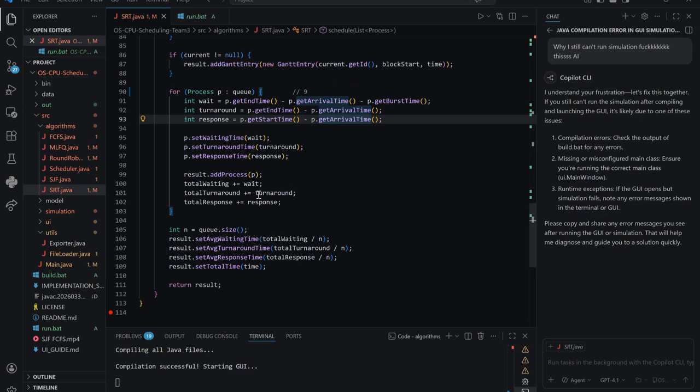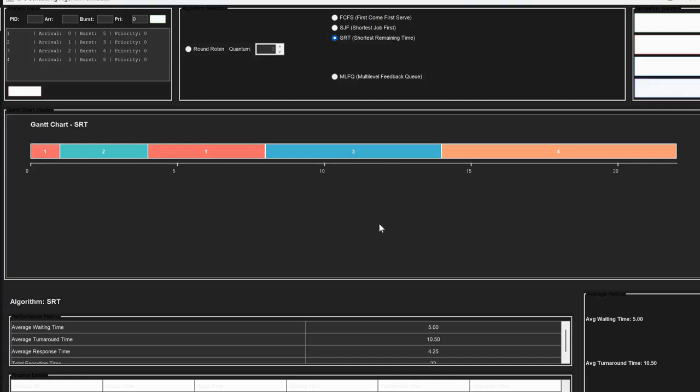So now we are going to move on to the GUI. This is our team GUI, the CPU scheduling algorithm simulator. As you can see here, this is what I input. This is the process ID.